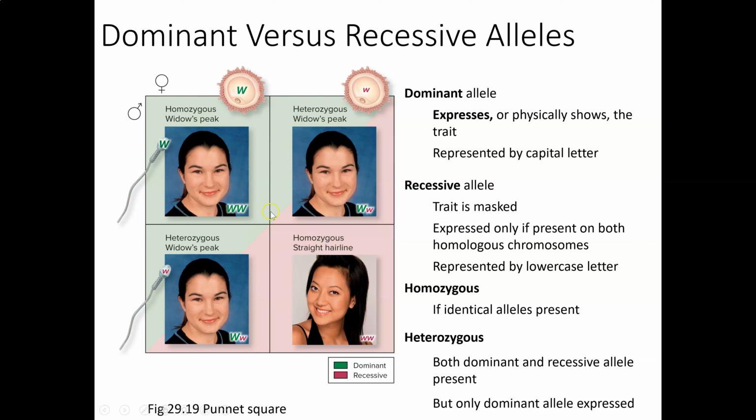So you end up with only 2 types of phenotypes, but 3 types of possible genotypes. This is when you have 1 dominant allele and 1 recessive allele, and the dominance is complete, which means that if you have a dominant allele, you are going to present with the dominant phenotype.